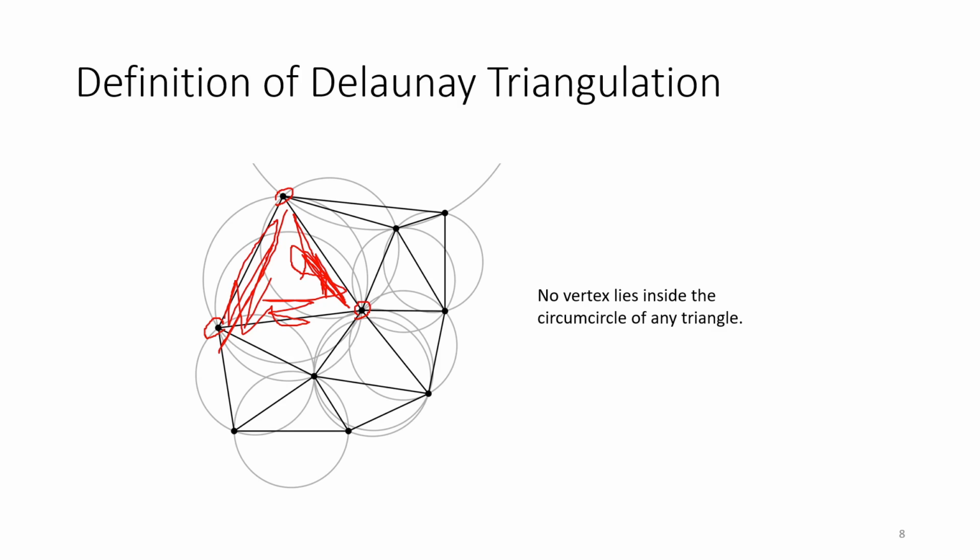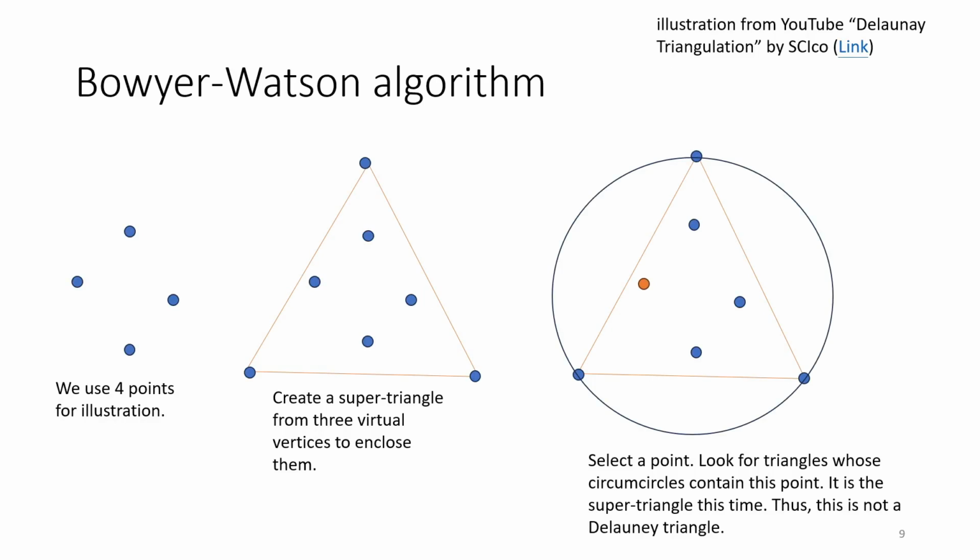Okay, so once we know the definition of the Delaunay triangulation, the next problem is we will ask how to create the Delaunay triangulation. Here I show an example, the widely used Bower-Watson algorithm. So let's show an easy example. Suppose we have points and we want to create a Delaunay triangulation.